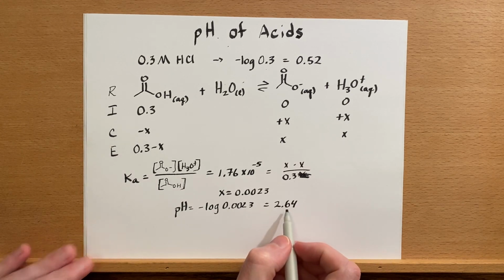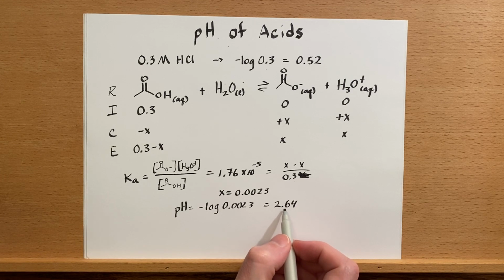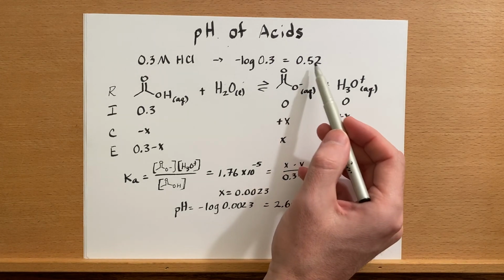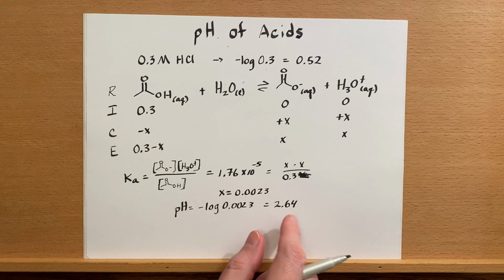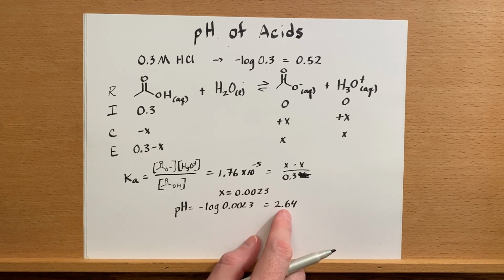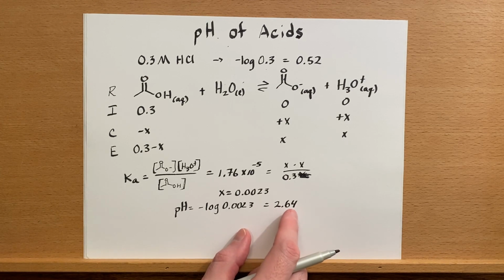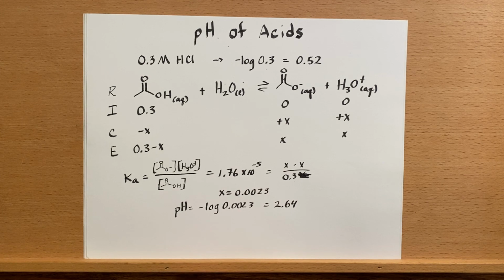And again, I generally just include 2 decimal places whenever I do a pH calculation, whether this is 0.52, 2.64, or 11.86. Doesn't matter, just usually include 2 decimal places and you're okay on significant figures. So that's an example of how to calculate pH for acids.